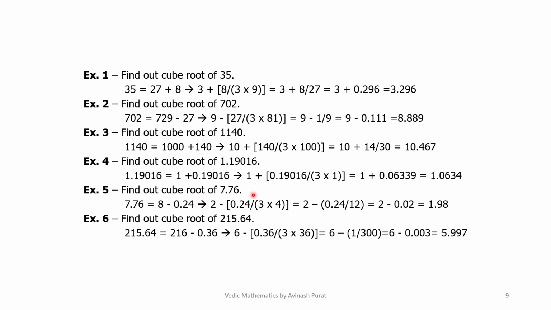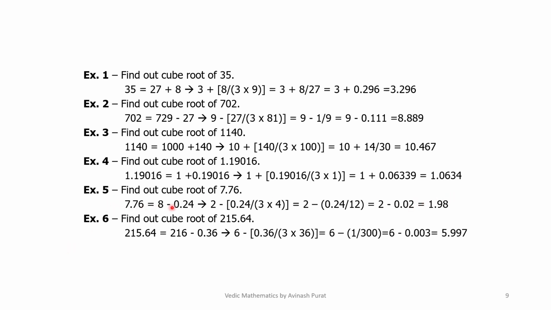That is the cube root 1 plus 0.19016 divided by 3 multiplied by 1 square, which is 1 again. So that is equal to 1 plus 0.06339, equal to 1.0634.